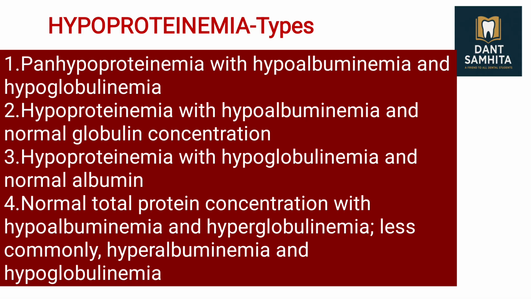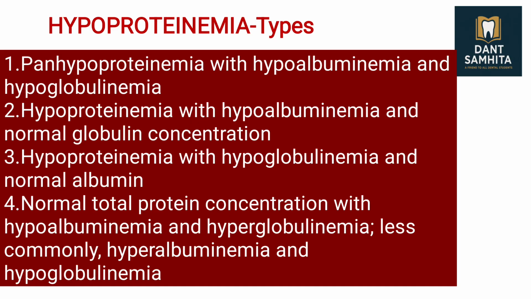The third type is where the globulin concentration goes down, but the albumin remains the same. The fourth one is normal total protein concentration with hypoalbuminemia and hyperglobulinemia, or less commonly hyperalbuminemia and hypoglobulinemia.